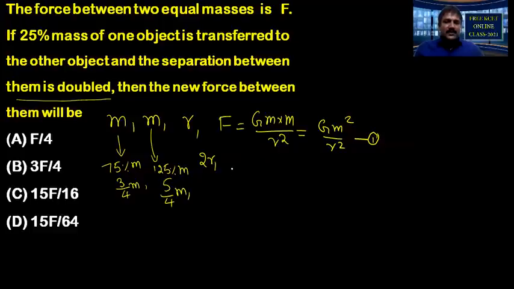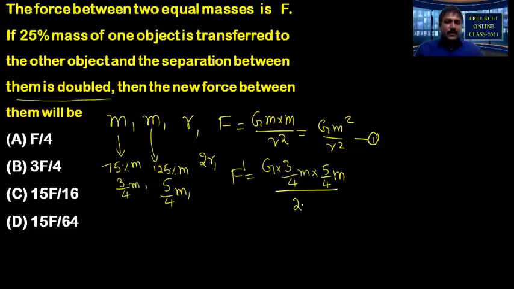The new gravitational force between the two masses, say F dash, equal to G into the masses 3 by 4 M into 5 by 4 M, divided by square of the separation between them.